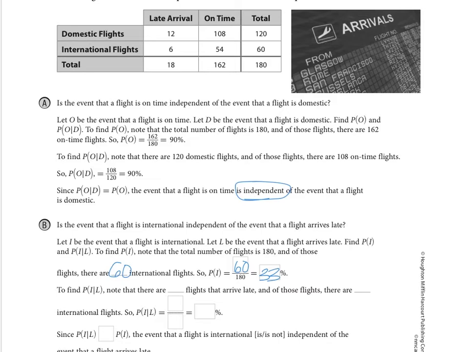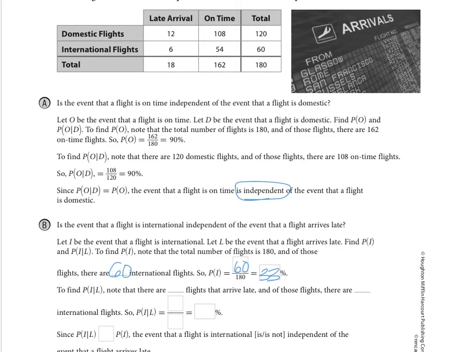Then the second probability is the conditional probability, given that it's a late flight, so that is this first column. Is the internationalness of the flight going to be independent of it being late?